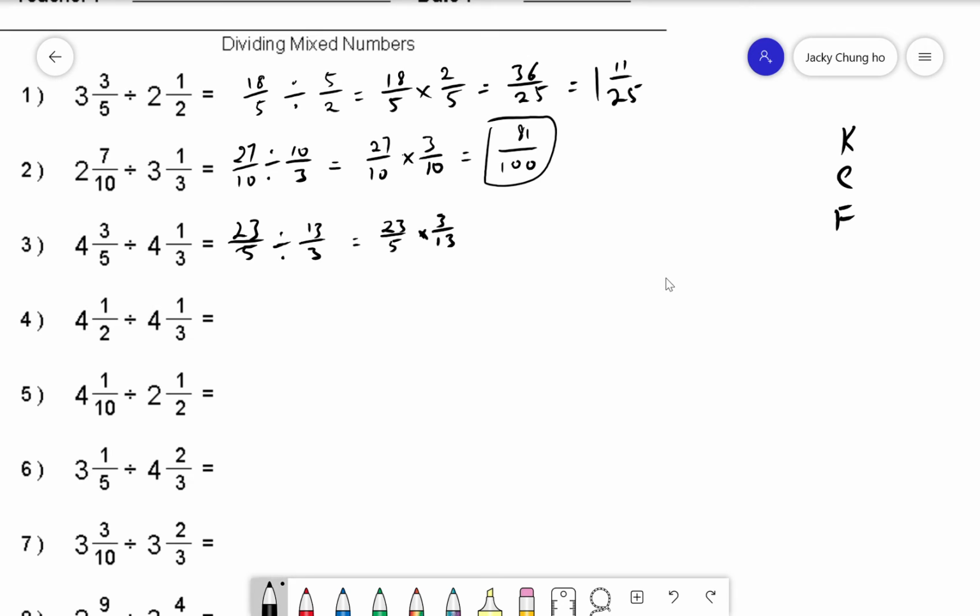In this case, nothing you can reduce because the numbers here are prime numbers. So 23 times 3 will be 69 over 5 times 13, that will be 65. So that is the same as 1 and 4 over 65.